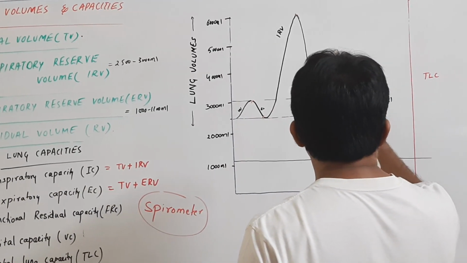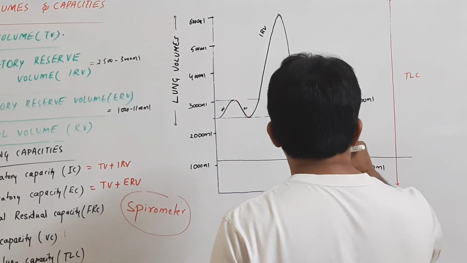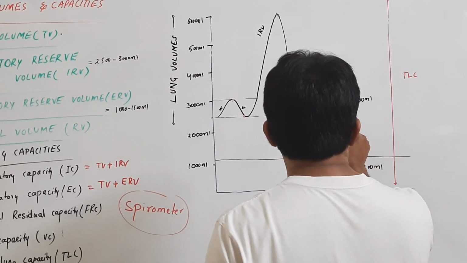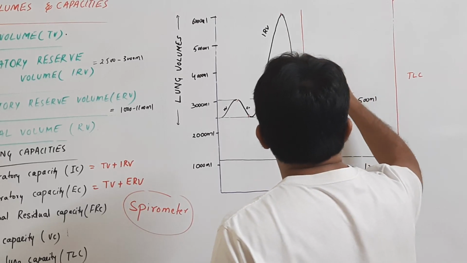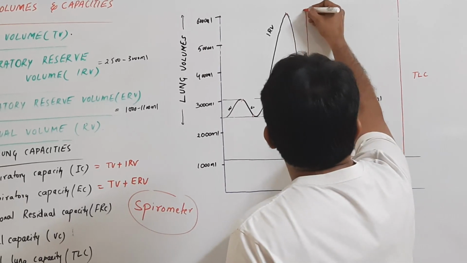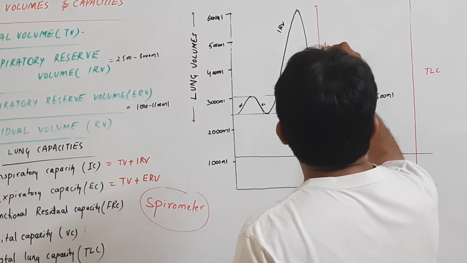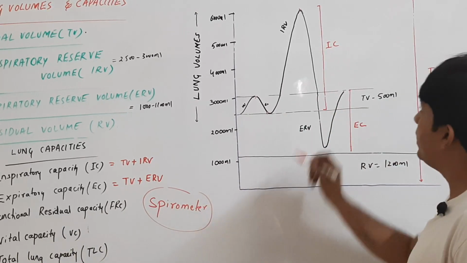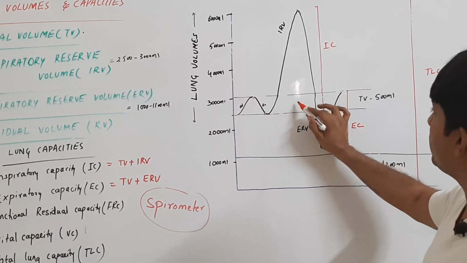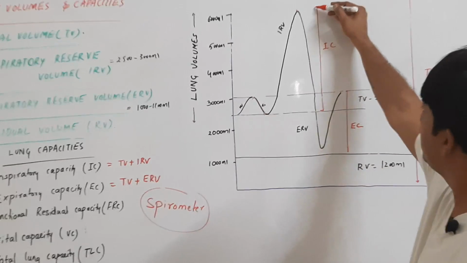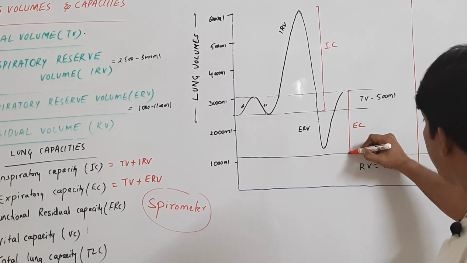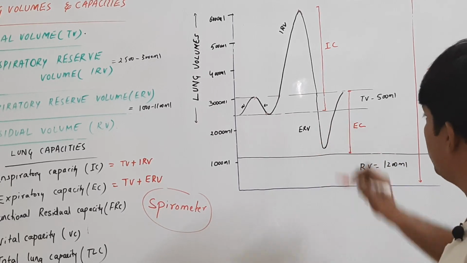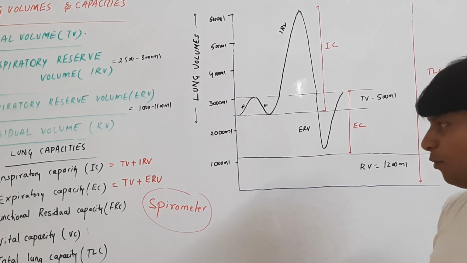This is called your expiratory capacity, and this is called your inspiratory capacity. So inspiratory capacity is your tidal volume plus your IRV. Expiratory capacity is your tidal volume plus your expiratory reserve volume.